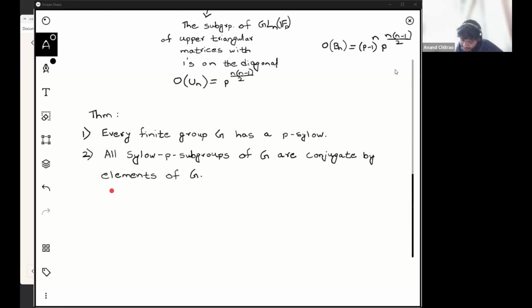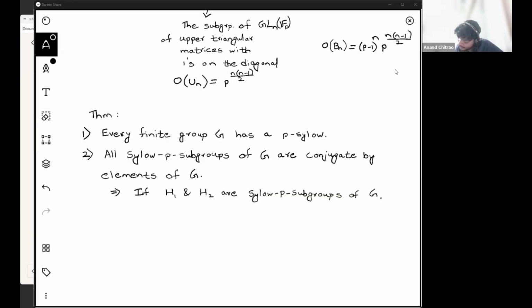This means that if H1 and H2 are Sylow P subgroups of G, then there exists a little g in capital G such that g H1 g inverse equals H2. Okay?